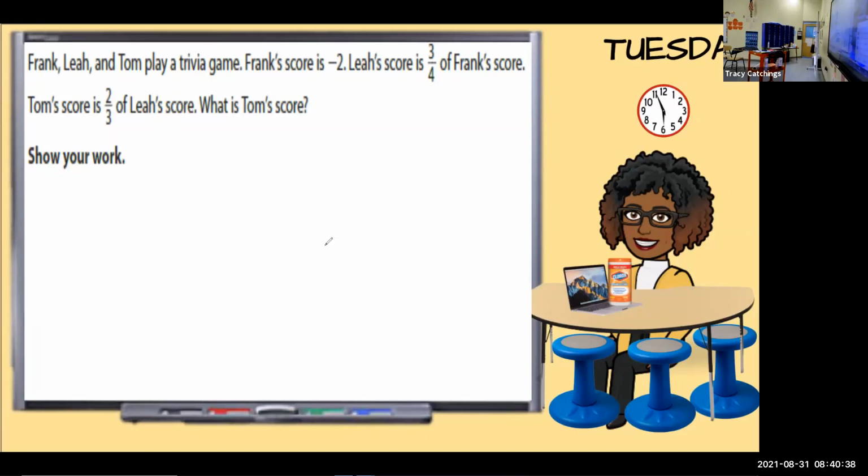All right, it reads. Frank, Leah, and Tom play a trivia game. Frank's score is -2. Leah's score is 3/4 of Frank's score. Tom's score is 2/3 of Leah's score. And we want to figure out Tom's score. What will we need to do first?